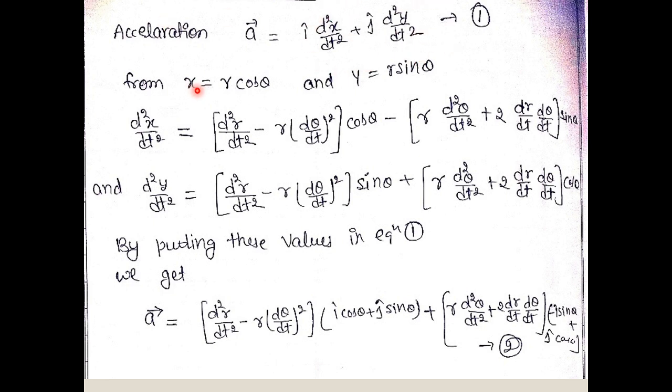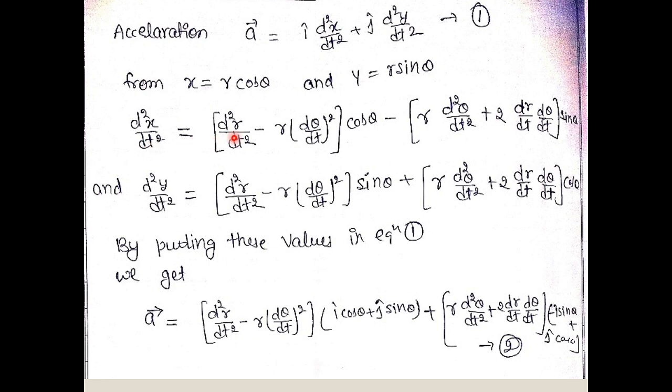As we know, x equals r cos theta and y equals r sin theta. For finding the values of d2x upon dt2 and d2y upon dt2, what do we have to do? Firstly, we differentiate both these equations with respect to t and find dx upon dt, and after that we again differentiate dx upon dt with respect to t and we get d2x upon dt2.